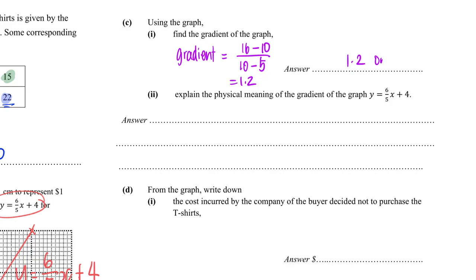Or 6 over 5. Explain the physical meaning of this particular gradient.